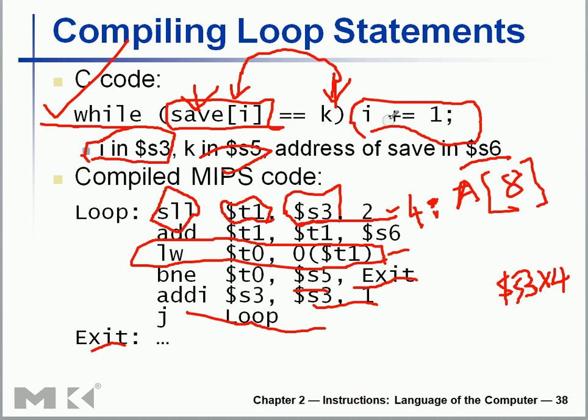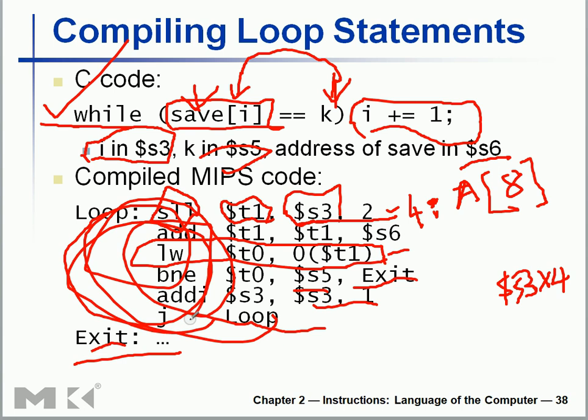So i is not changed. And then this will continue until T0 and S5 are equal, and when they reach equality, then they will go to exit and this instruction will be skipped. Until then, instruction J will keep taking you back here to check again, and again. And this is how this loop goes on.